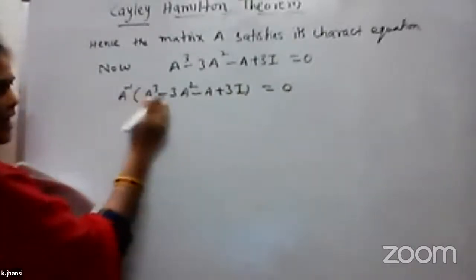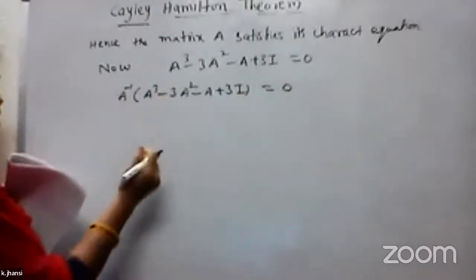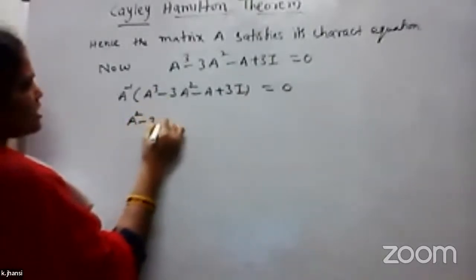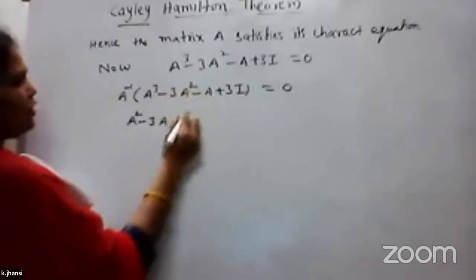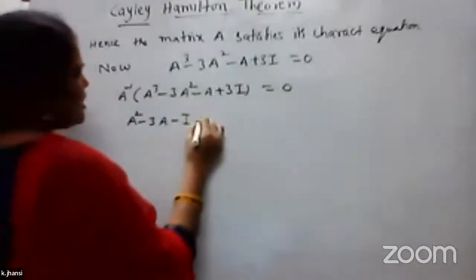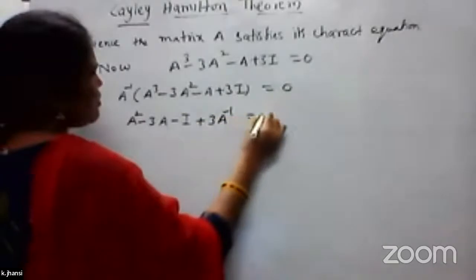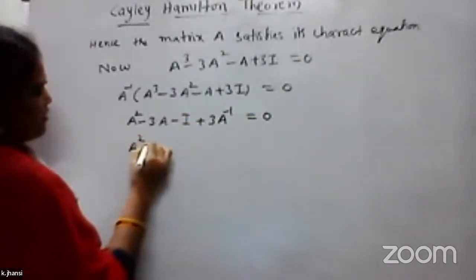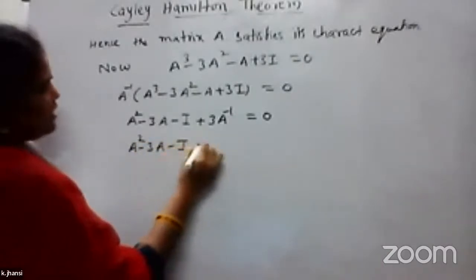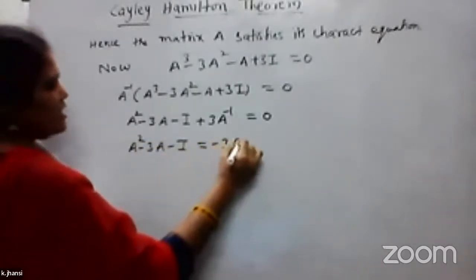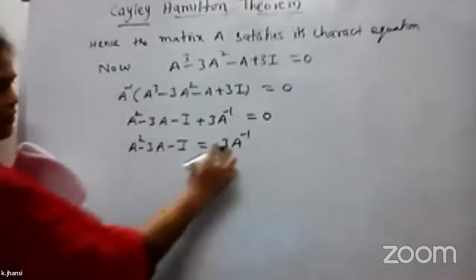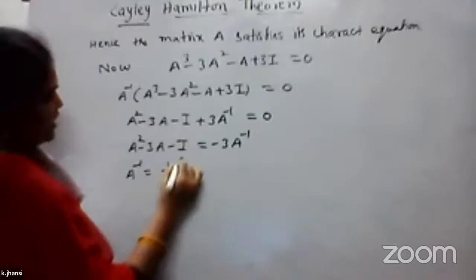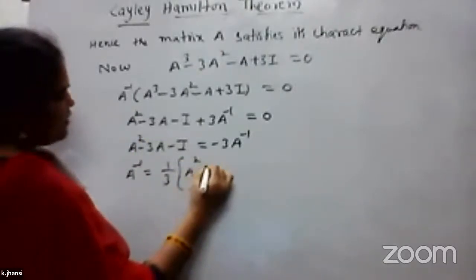When you multiply by A inverse, whatever the degree is, it will decrease. So A square minus 3A minus A inverse times A, you will get I, plus 3A inverse equals 0. So we need A inverse, no? A square minus 3A minus I equals minus 3A inverse. So we need the A inverse value. So A inverse is equal to 1 by 3 of A square minus.